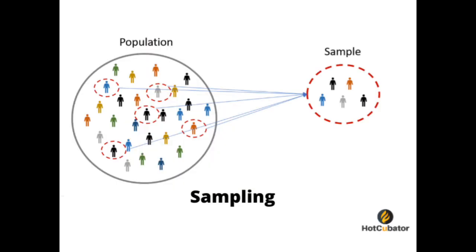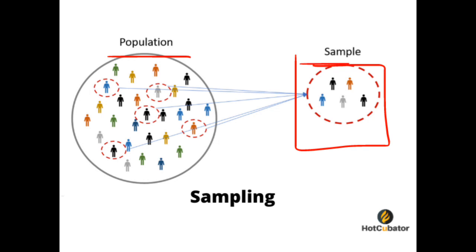As you can see in the illustration, this is the whole population under study, and these are few selected individuals from whom the data about the whole population will be collected, which are called the sample. The process of selecting few individuals to represent the whole population is called sampling.